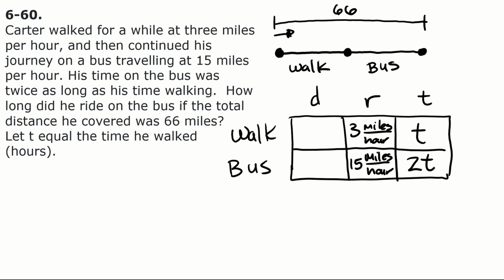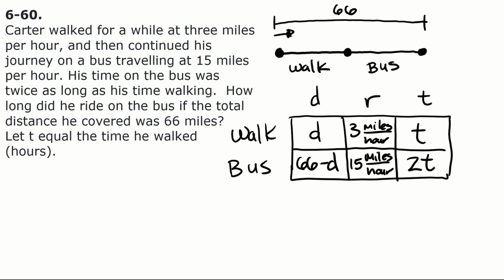Maybe I can do this. Maybe I can say, if I could be complicating this, if the distance he walked was d, then the rest of that was on the bus. So I could say the rest of it would be 66 minus d.